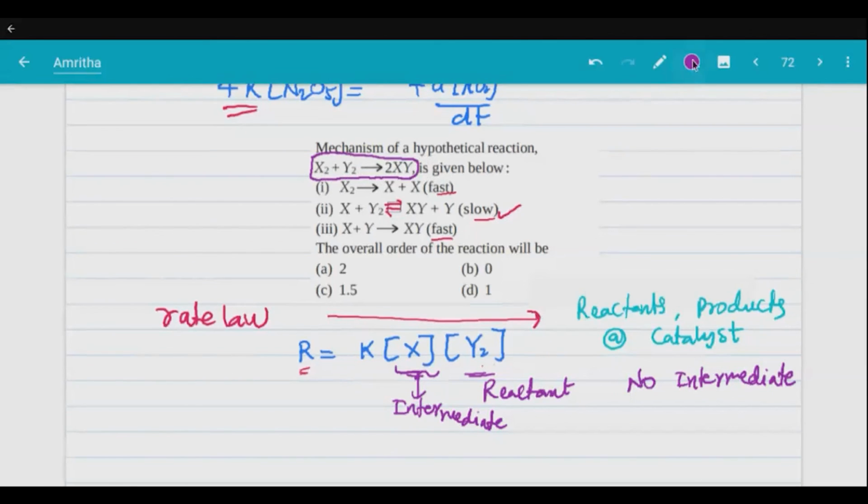So what we have to do is replace that. From this step, I'll write K equilibrium is equal to x square by x2.